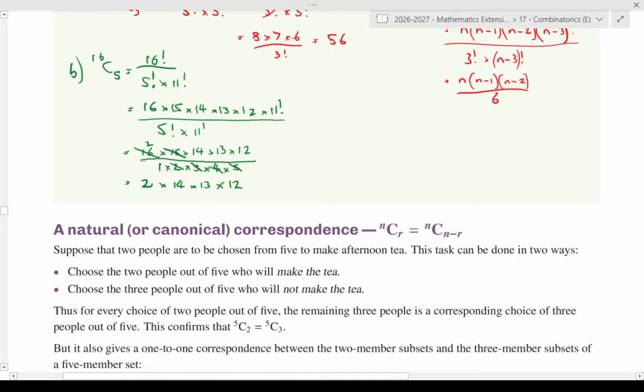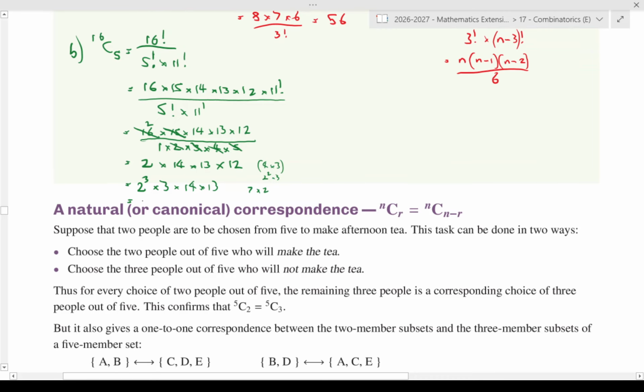12 could be written as 4 times 3, and that is 2 to the power of 2 times 3. So you'd end up with 2 to the power of 3 times 3 times 14 times 13. But 14 could be written as 7 times 2.